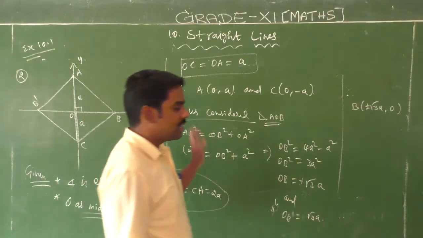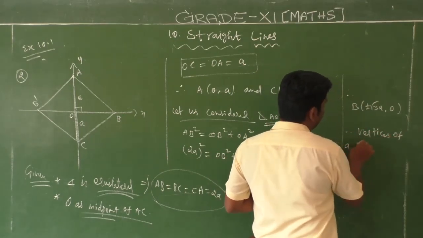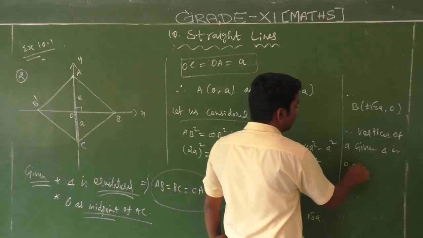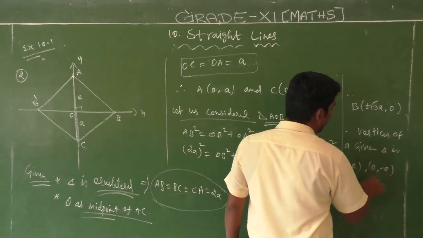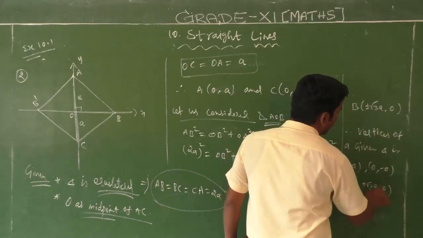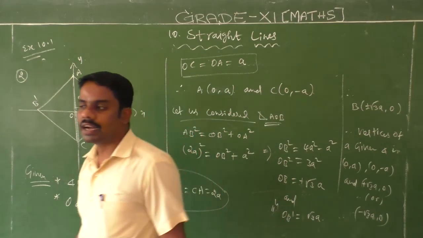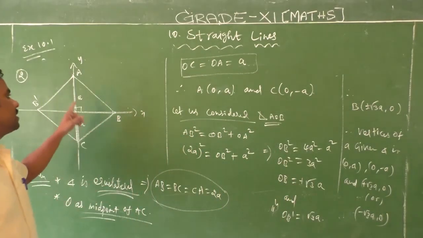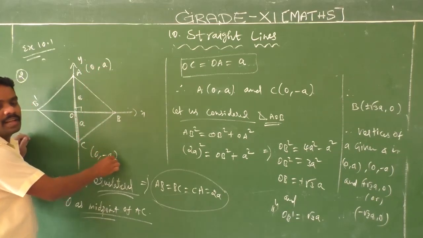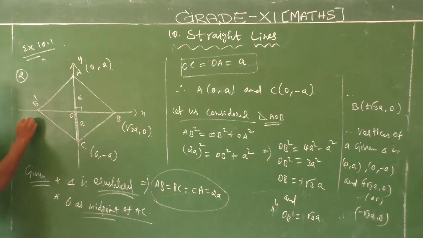Therefore, the vertices of the given triangle are 0 comma A, 0 comma minus A, and B is plus root 3A comma 0, and B' is minus root 3A comma 0.